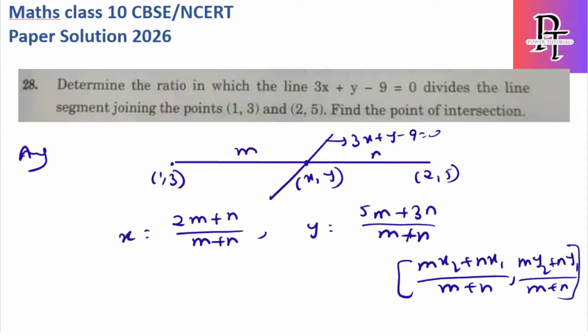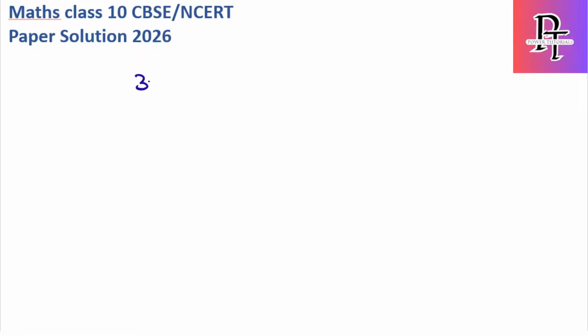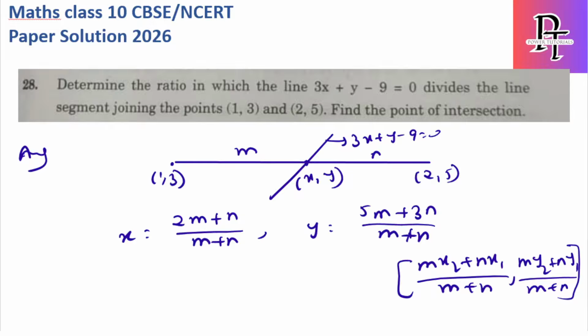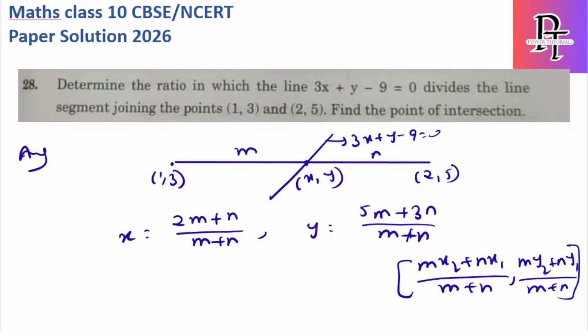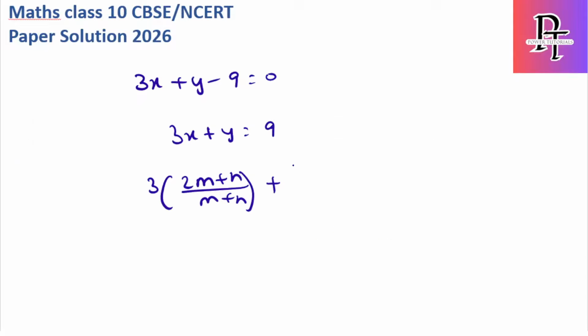What is the equation? 3x plus y minus 9 equals 0. So let's first write the 9 on the right side. Now 3 into (2m plus n) by (m plus n), plus the y value, (5m plus 3n) by (m plus n), is equal to 9.